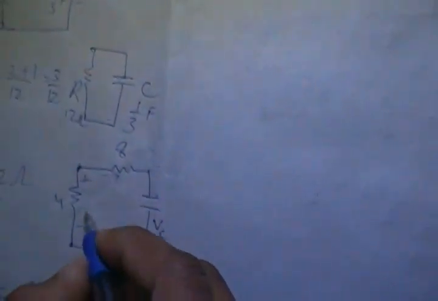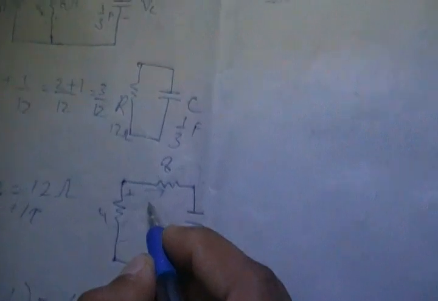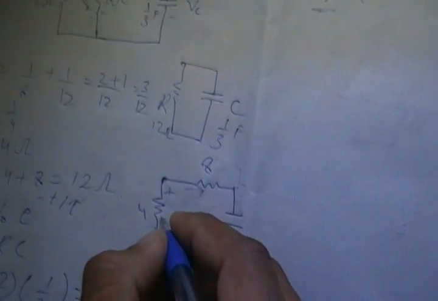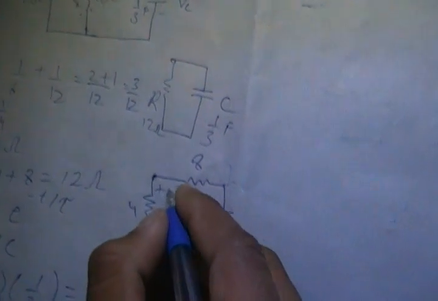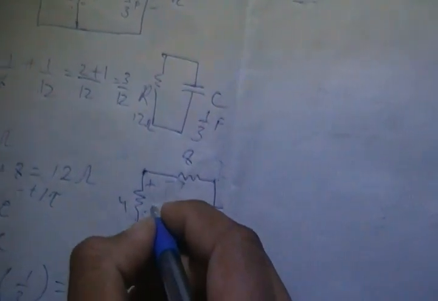The 4 ohm resistor voltage is also this Vx, because this is the equivalent of these resistors. So the current flowing through this resistor is also the current flowing through the 8 ohm. The current flowing through these resistors would be the same. So we know the voltage of this resistor, so we apply Ohm's law on this resistor to find the current. The current passing through this resistor would be the same, this I naught.